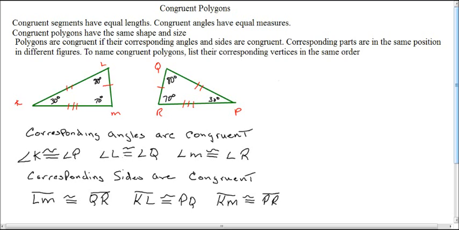Okay, I hope this is helpful. If not, just come back and look at it and look at it, and then maybe easily you can move on to what we're actually set to do, which was looking at similar figures.